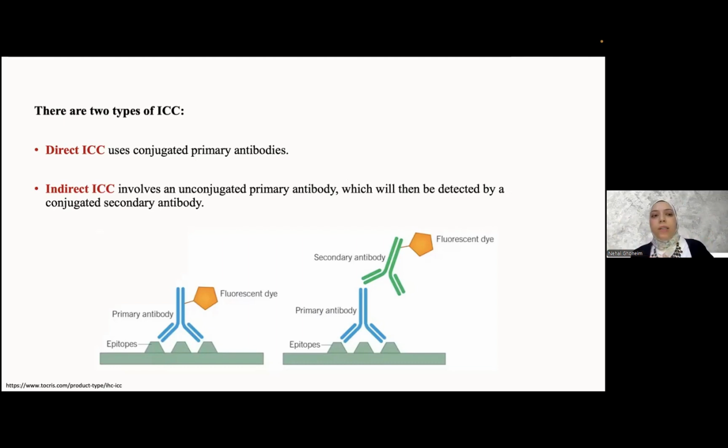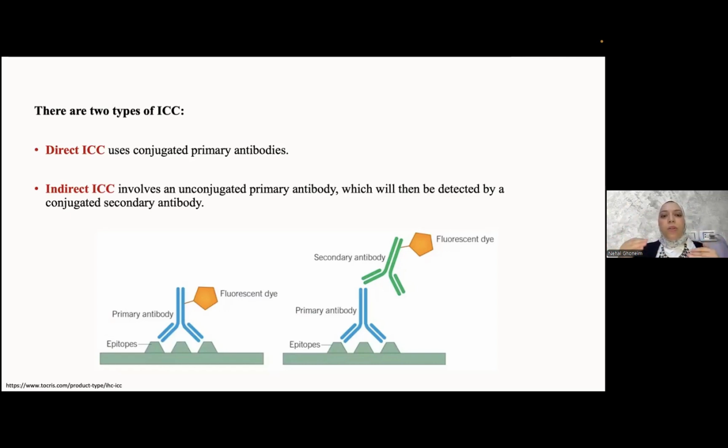However, in comparison, in the indirect immunocytochemistry, an unconjugated primary antibody will bind to the antigen, and then it will be detected using a secondary antibody, which will react to the primary antibody and bind to it. And this secondary antibody is labeled using a fluorescent dye.